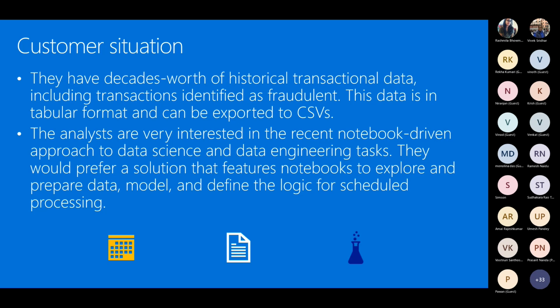Basically, you have whether the transaction was fraud or not fraud, because it happened in the past and somebody might have reported that particular transaction. On top of it, we have to train the machine learning model. We have to train two different models, one for hot path and one for cold path. We will see the logic behind that.